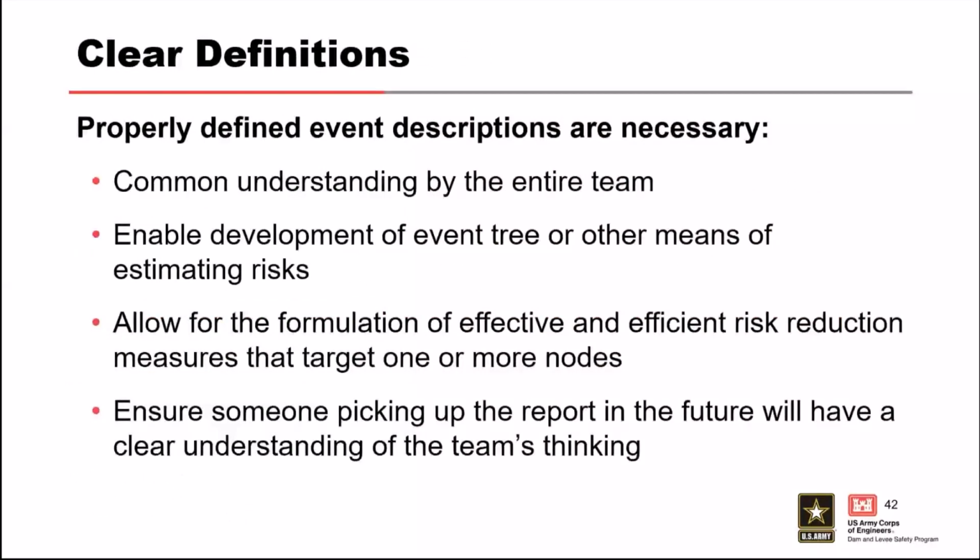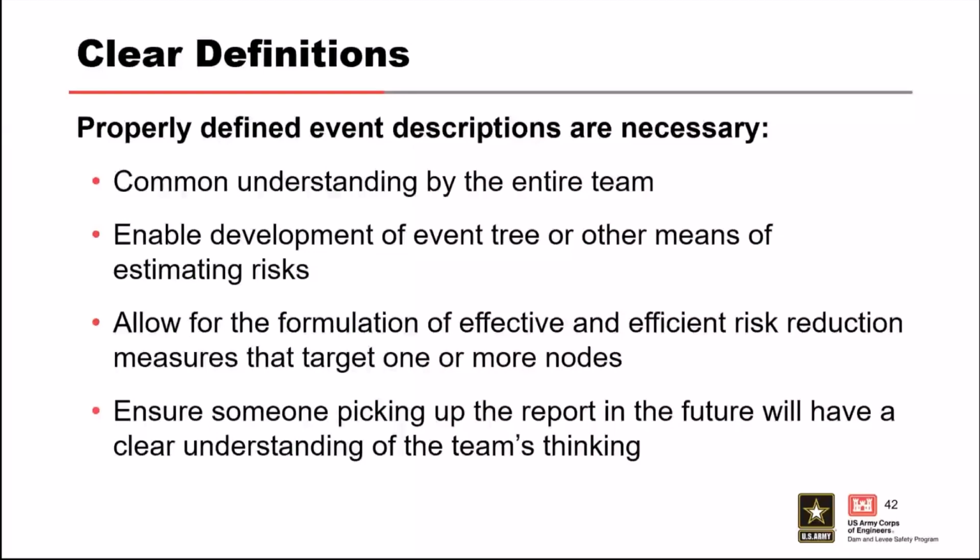For all 3 elements of our potential failure mode description, and especially for the failure mechanism, a clear definition of our event descriptions is necessary for multiple reasons. Properly defined event descriptions help facilitate a common understanding of the potential failure mode by the entire team, and they enable development of an event tree or other means of estimating risks.